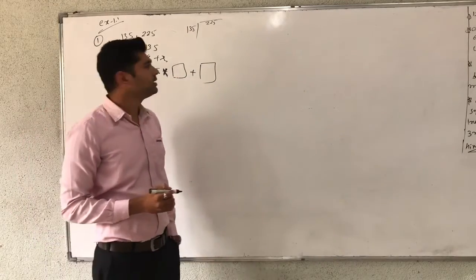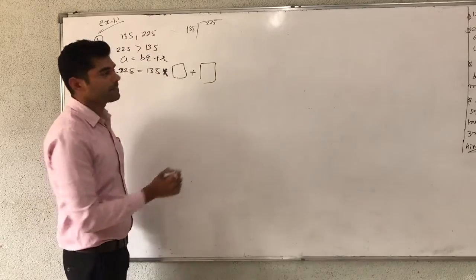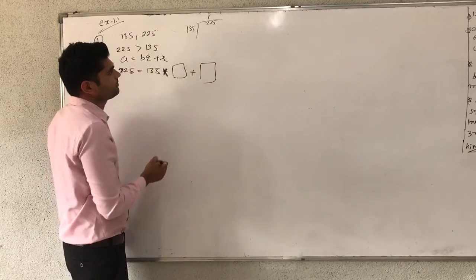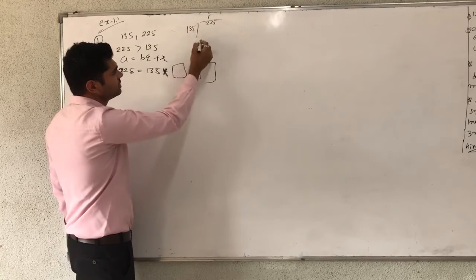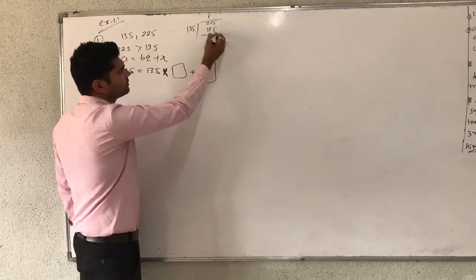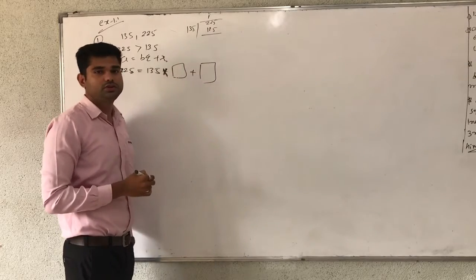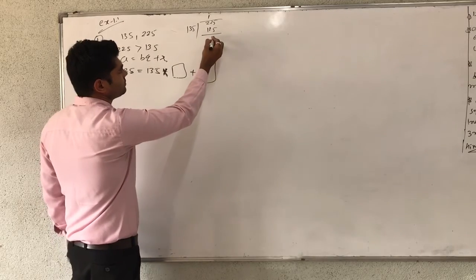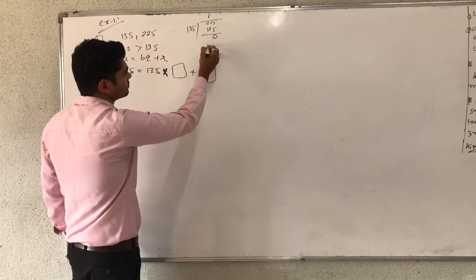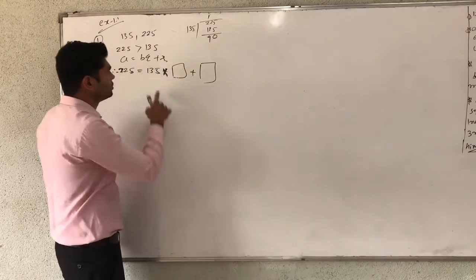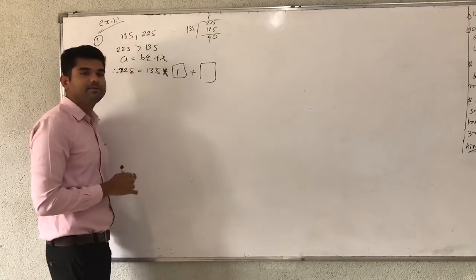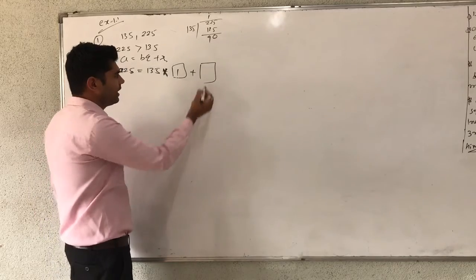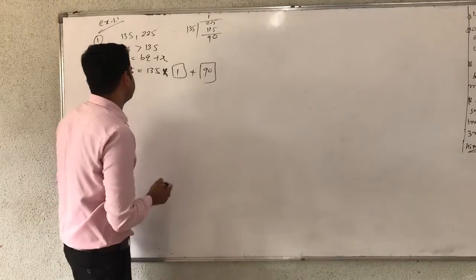First divisible by 1. Now subtraction of the two numbers, 225 minus 135, is 90. So 135 multiplied by 1 and the remainder is 90.